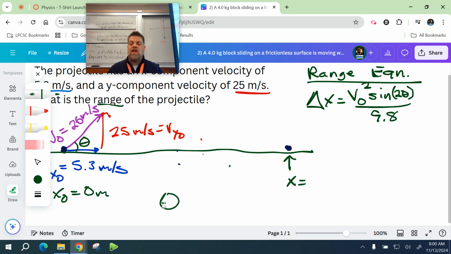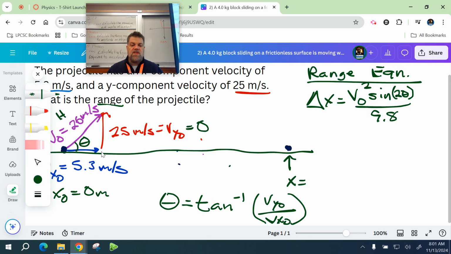Well, remember that theta is equal to arctan of the y component. So in this case, it would be Vy0 over the x component, which would be Vx0. Or another way to think of it, in geometry terms, this is the hypotenuse, this is the opposite, and this right here would be the adjacent.